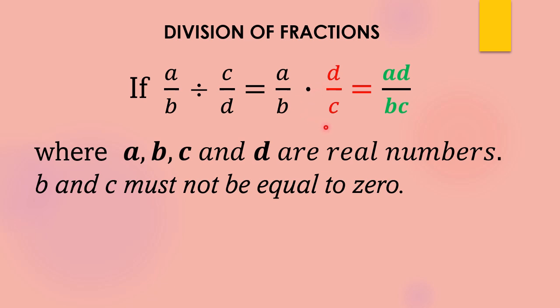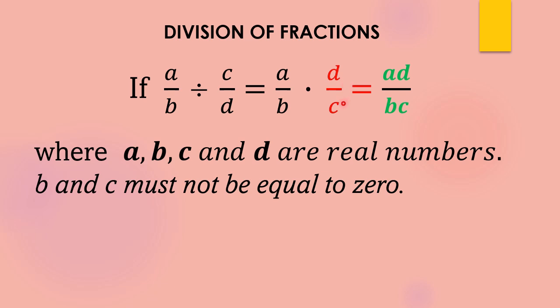And then the next is you're going to get the reciprocal of the second fraction, which is C over D. So here, C over D becomes D over C. You just interchange the numerator and denominator. C will become the denominator and D will become the numerator.